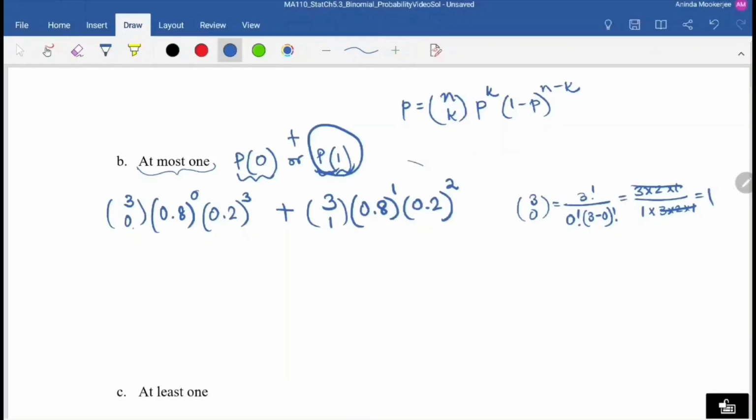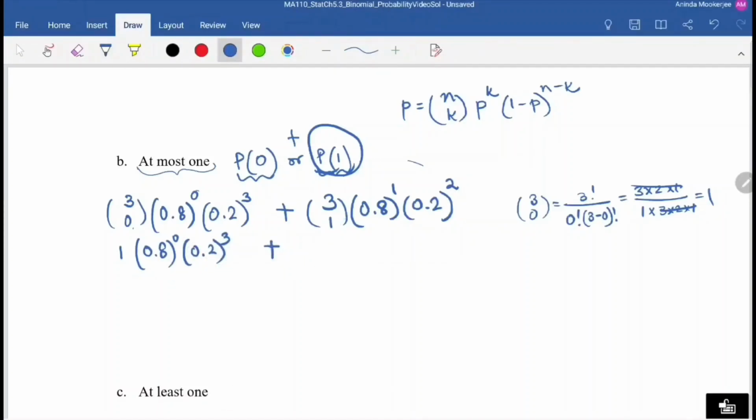And when we were working through the problems on binomial coefficients, we said that if k is 0, then no matter what n is, the answer will always be a 1. All right, so let's write that down: 1 and then 0.8 raised to the power 0, 0.2 cubed.